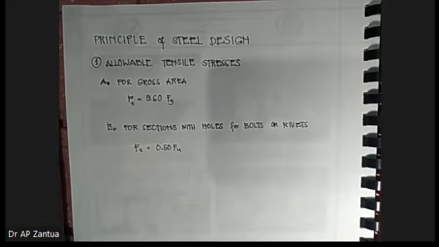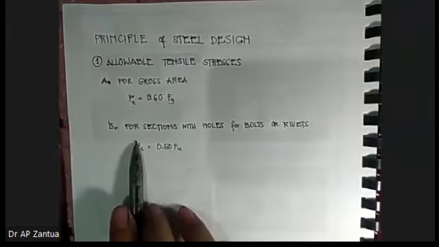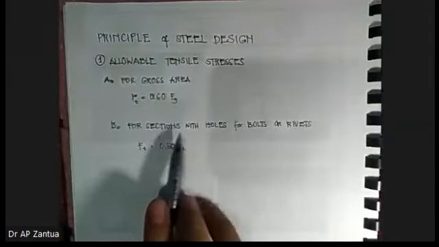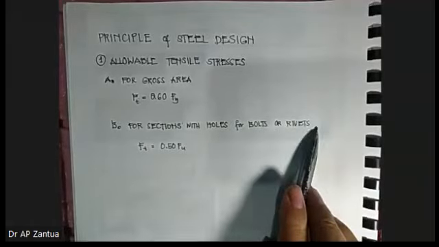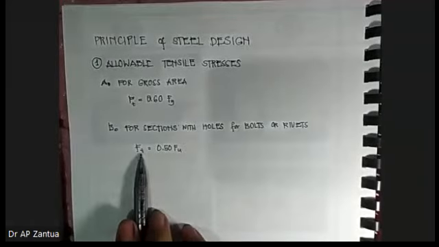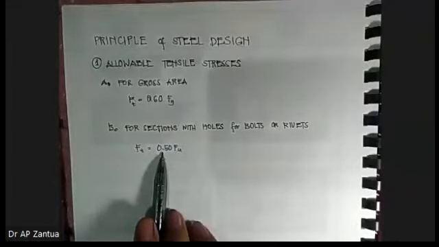Next is for those steel sections with holes for bolts or rivets. The tensile stress is equal to 0.5 Fu.